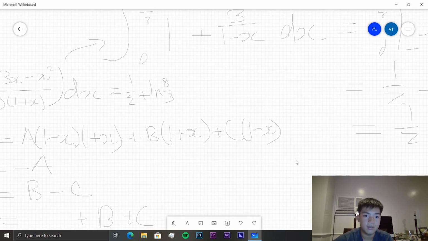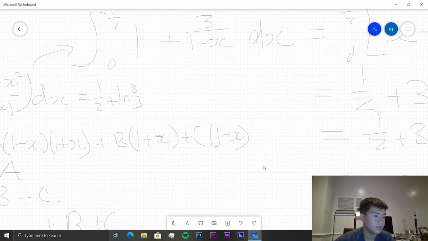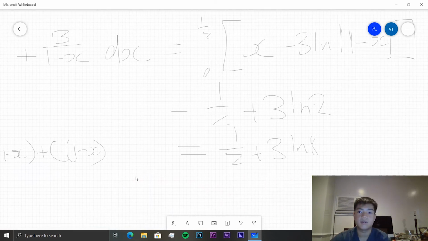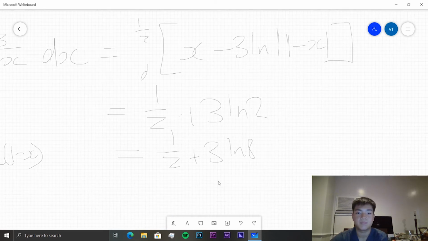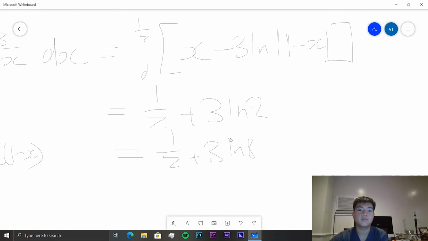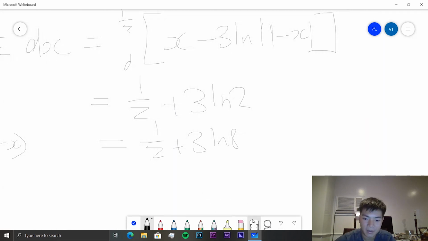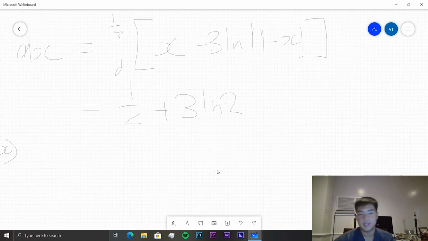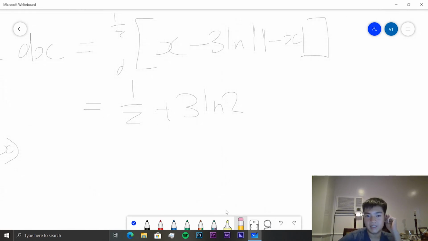Oh, ln 8 thirds, hold on. Where did 8 thirds come from? Oh, sorry, no, because we flipped. Oh, yeah, no, my bad. This is 1/2 minus 3 ln 1/2, which is equal to 1/2 minus, actually it's ln 1 over 8.